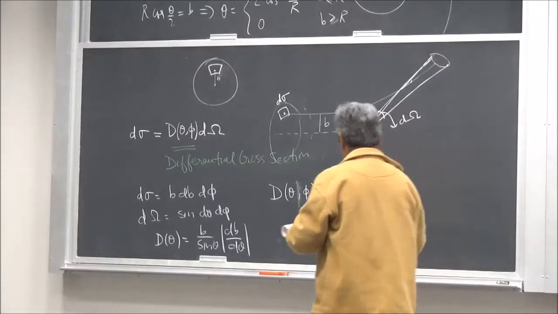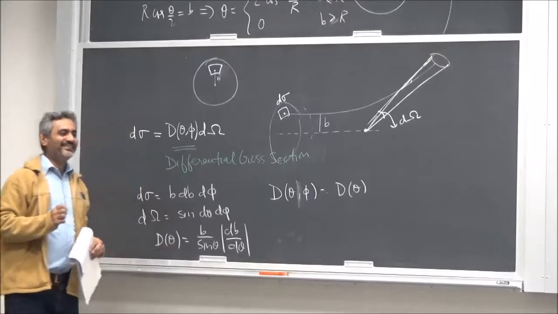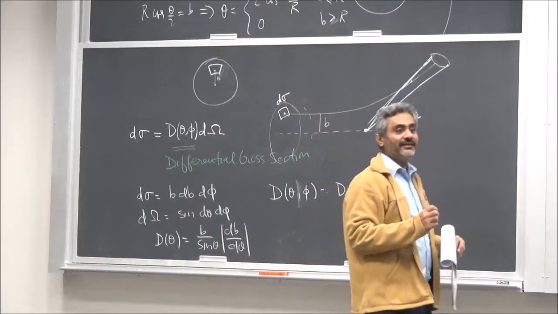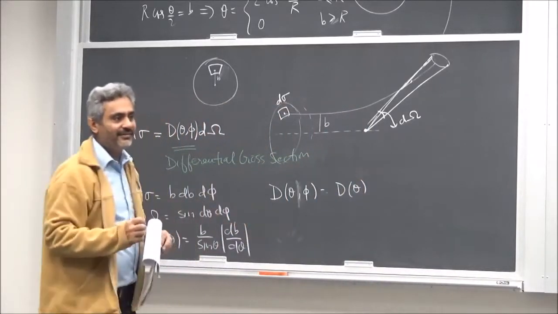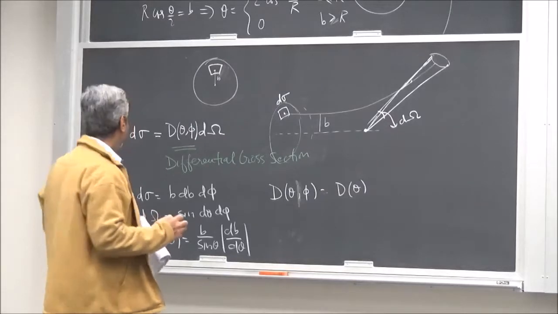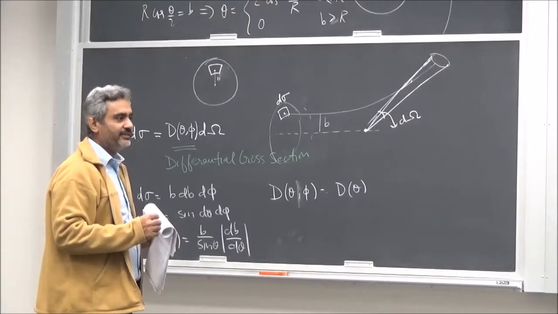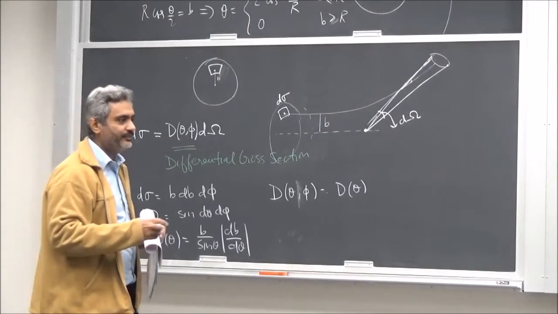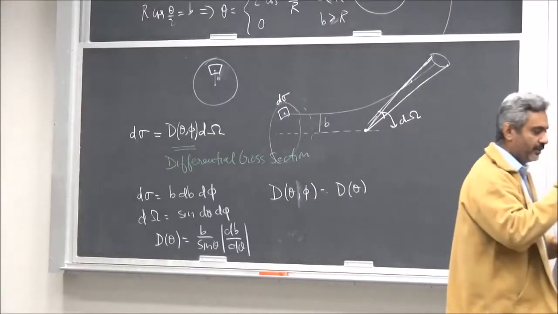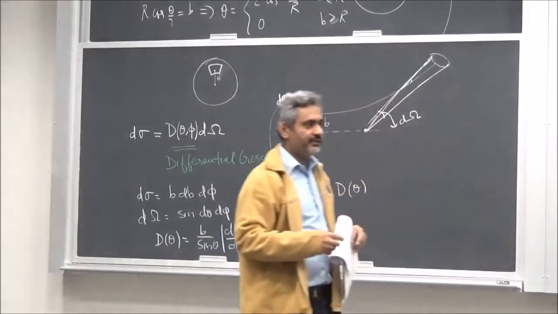Okay, so yes, but the question should have been why the mod? Nobody asked that question. Because... Yes? Area cannot be negative. No, this has the dimensions of area, it is not itself an area. It has more structure than just area.